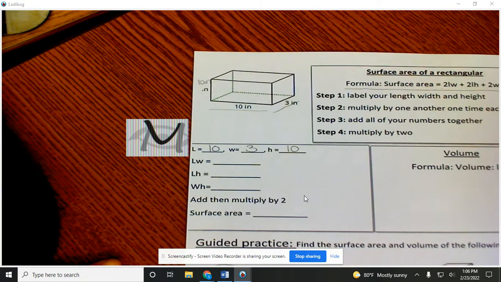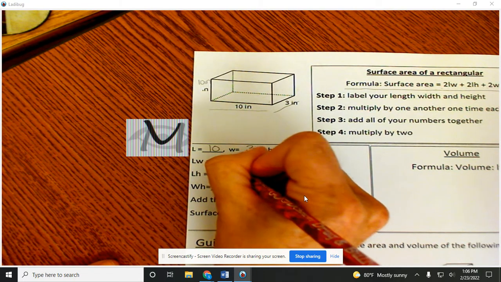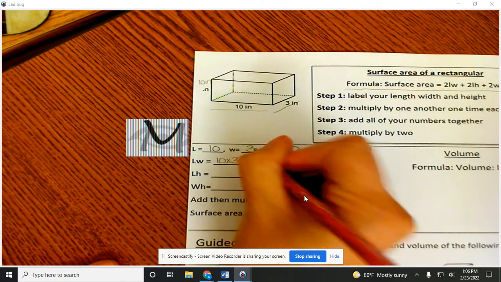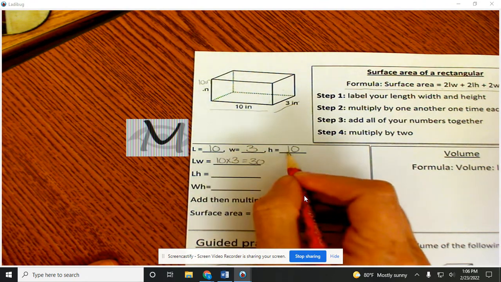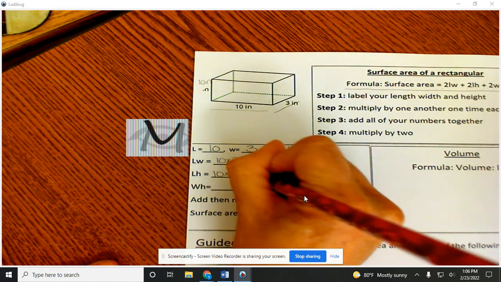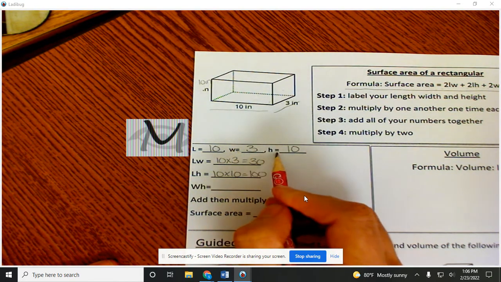We're going to look at it as length times width. So we have 10 times 3, which gives us 30. And that's where I pulled it from. Our length and our height, I've got 10 times 10, which gives us 100 inches. And then we have our width times our height.